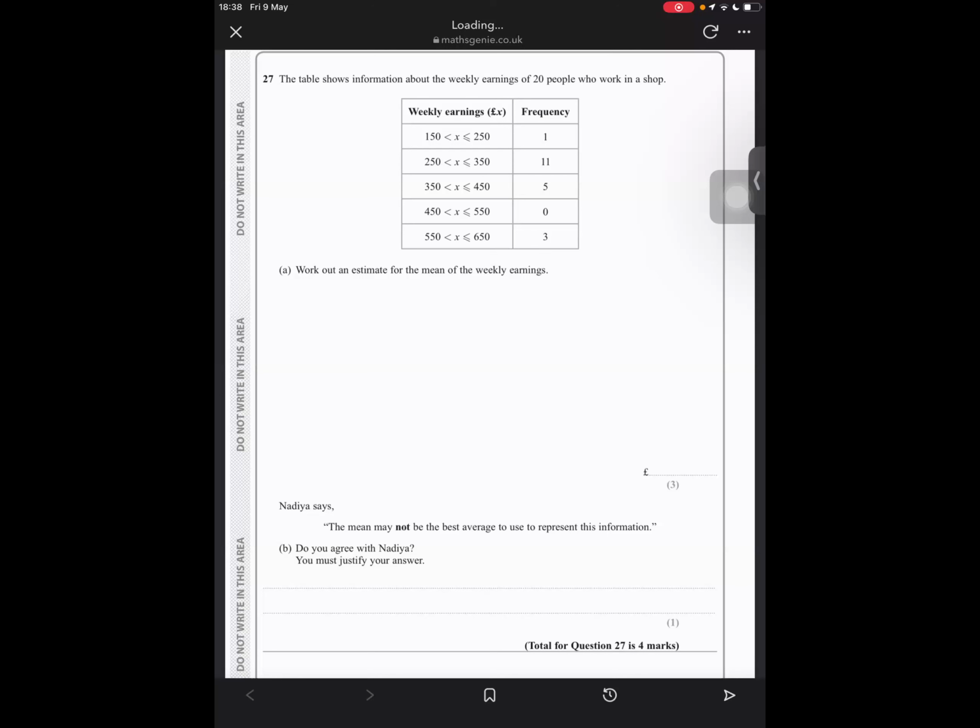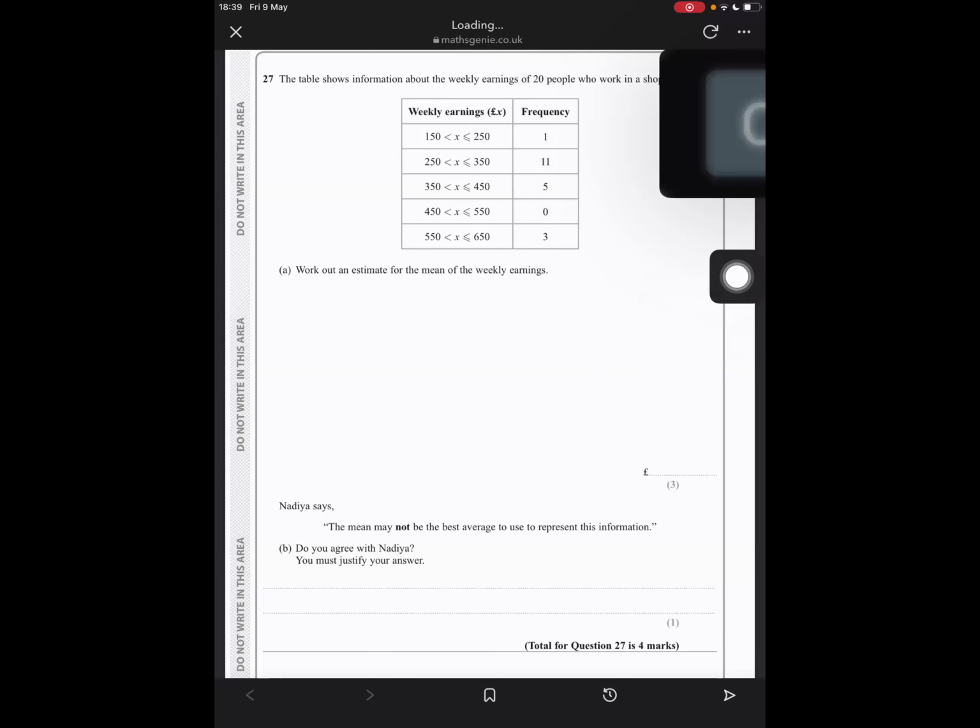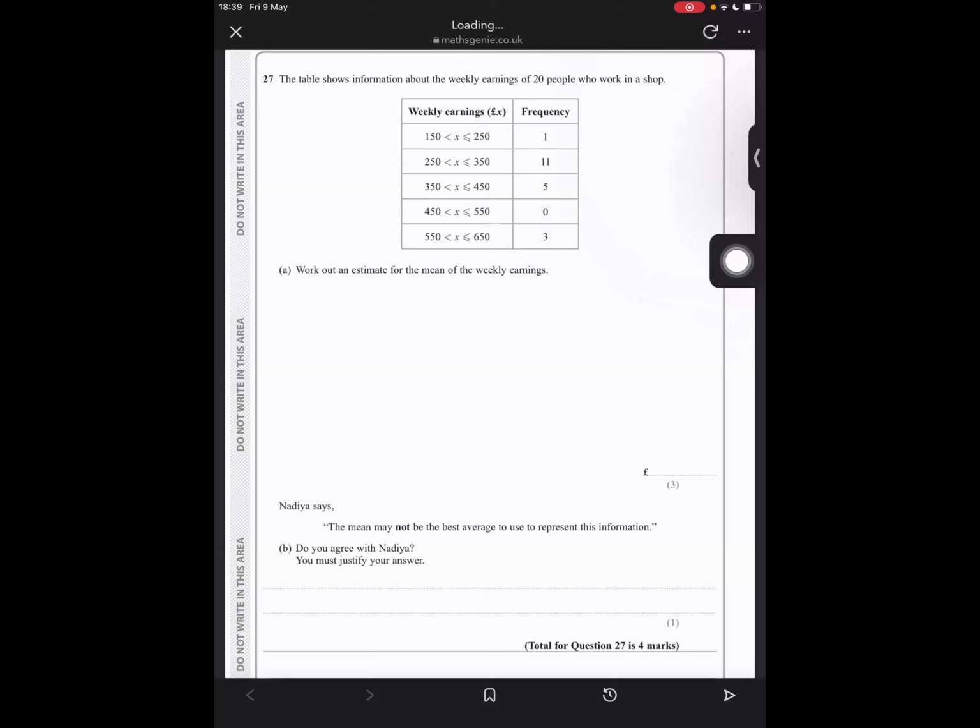If you're writing it down, help me write it down there. 200 times 1, in a bracket, plus 300 times 11 in a bracket, plus 400 times 5 in a bracket, plus 500 times 0, which will obviously cancel itself out, and then 600 times 3.